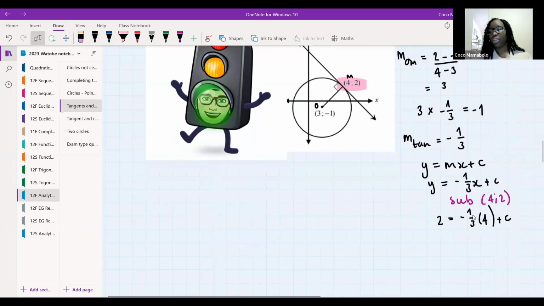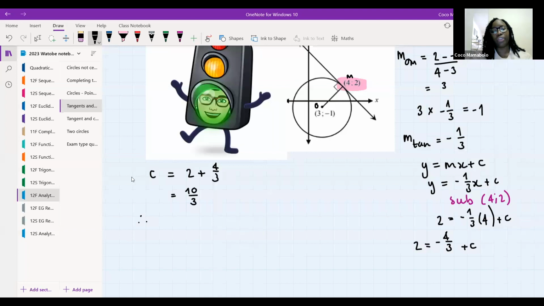All right, I'm going to get 2 is equal to -4 over 3 plus c, and then we're going to take the -4 over 3 to the other side. So c is equal to 2 plus 4 over 3, which is the same as 10 over 3.